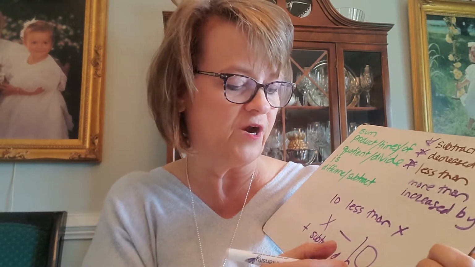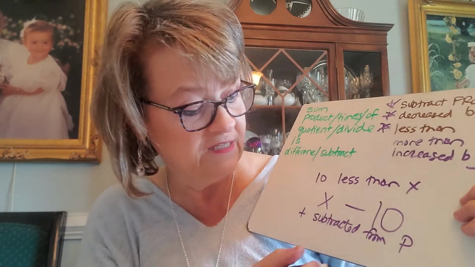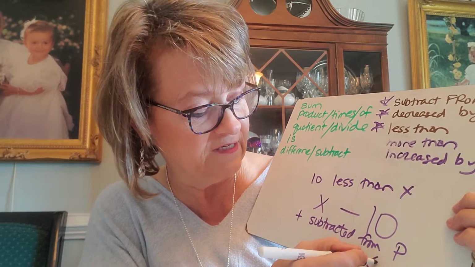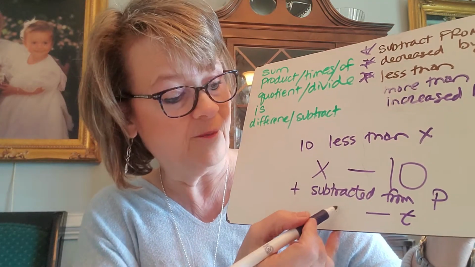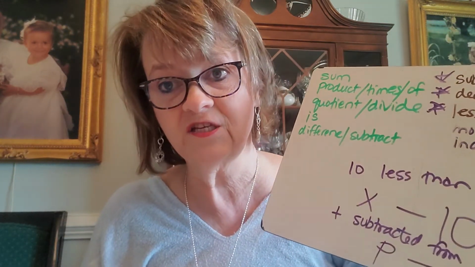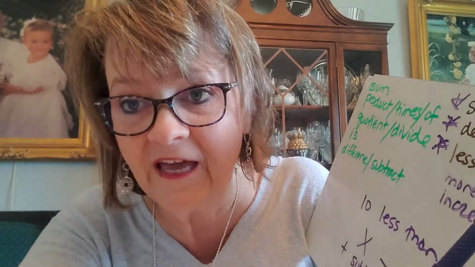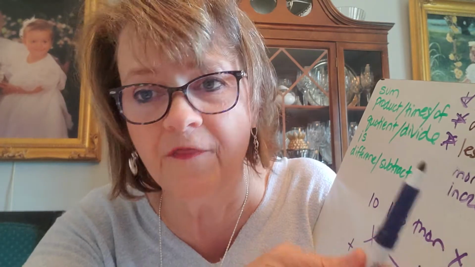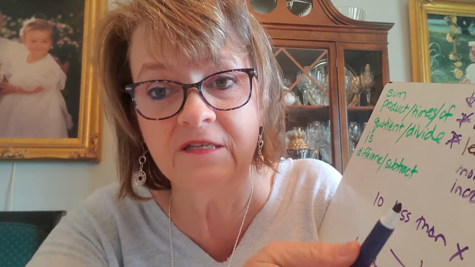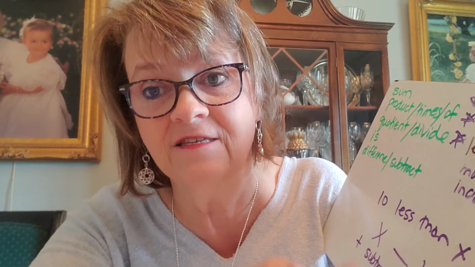T subtracted from P, it means subtract T from P. So it's going to change the order. And really, the addition ones do the same thing. More than, if I said 10 more than X, that really means X plus 10. You're supposed to add 10 to something.